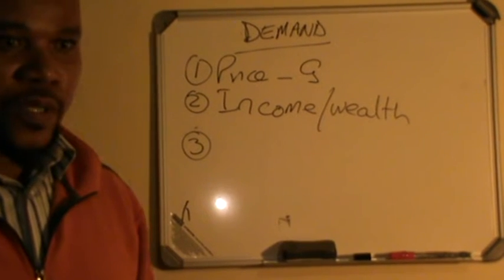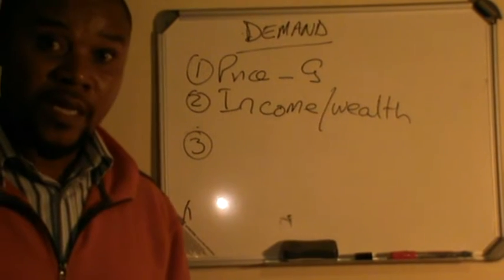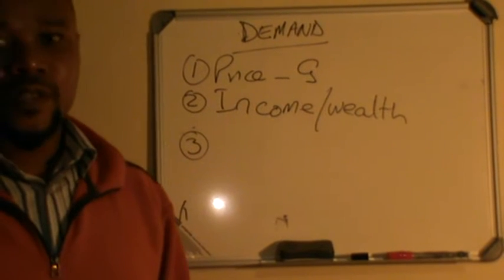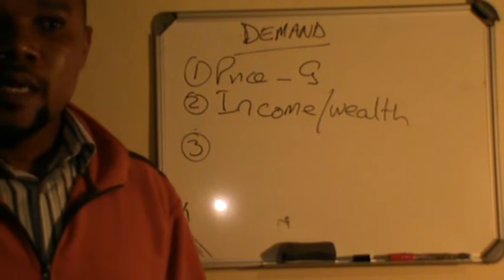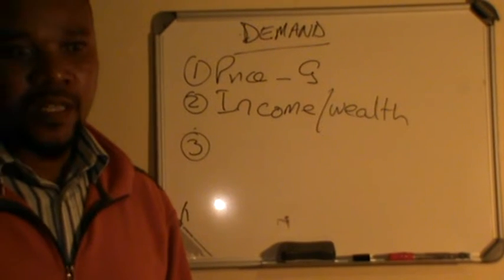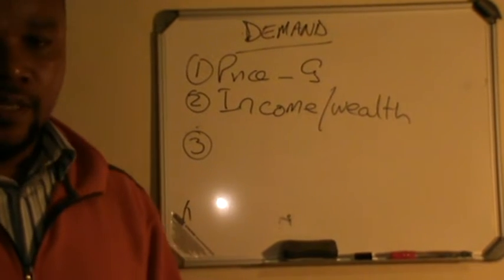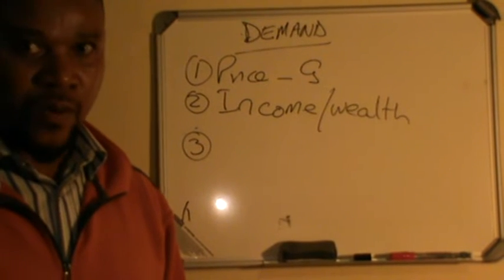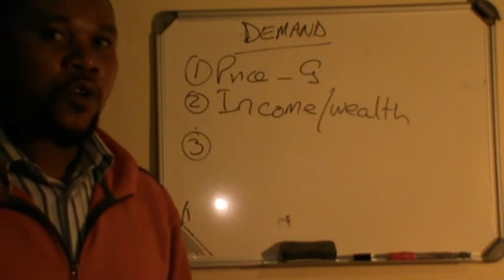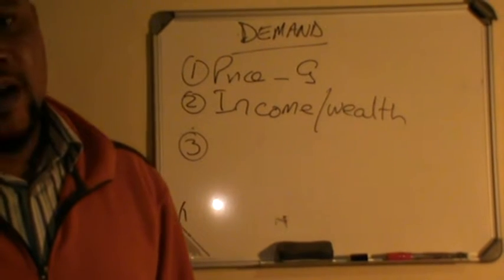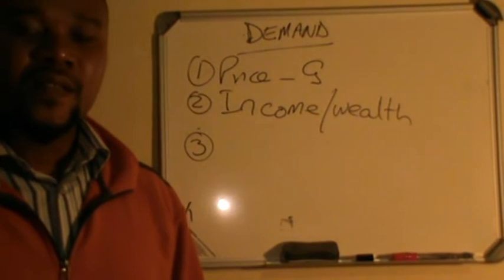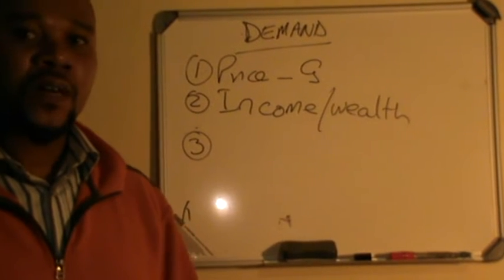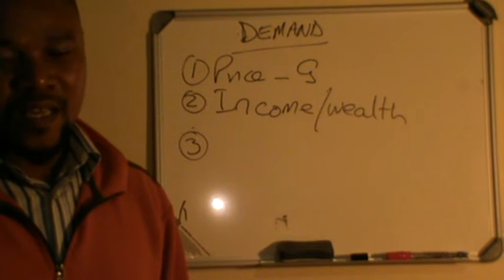In terms of substitutes, what would be two good substitutes? Two brands of tea, Joko and Five Roses, say. People who live in South Africa would know those two brands very well. If the price of Joko, which is a substitute for Five Roses, goes up, then the demand for Five Roses would be higher, because the price of the substitute or the competition is higher.